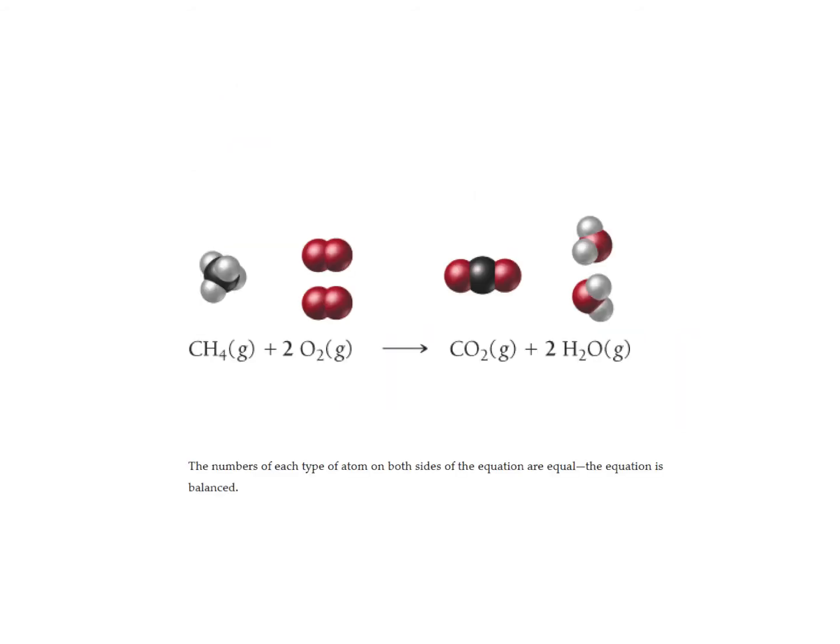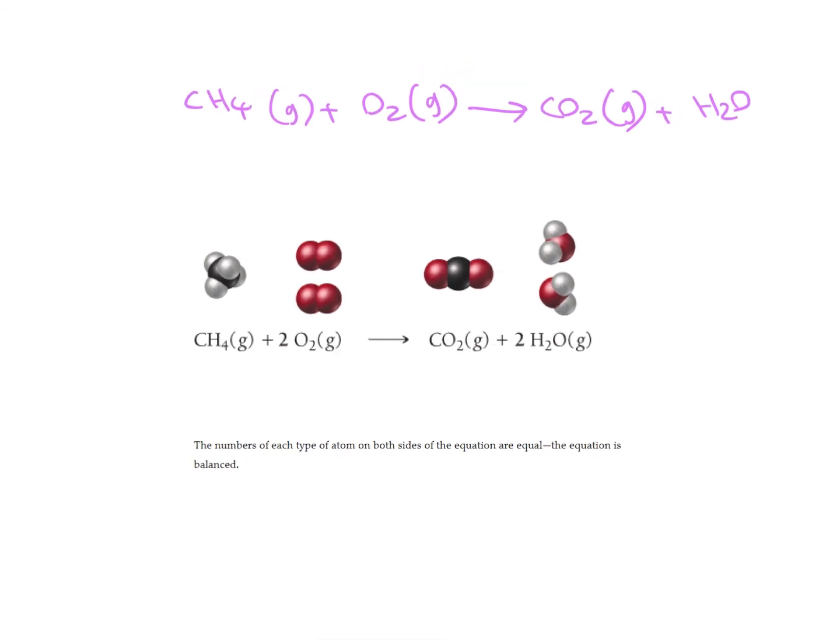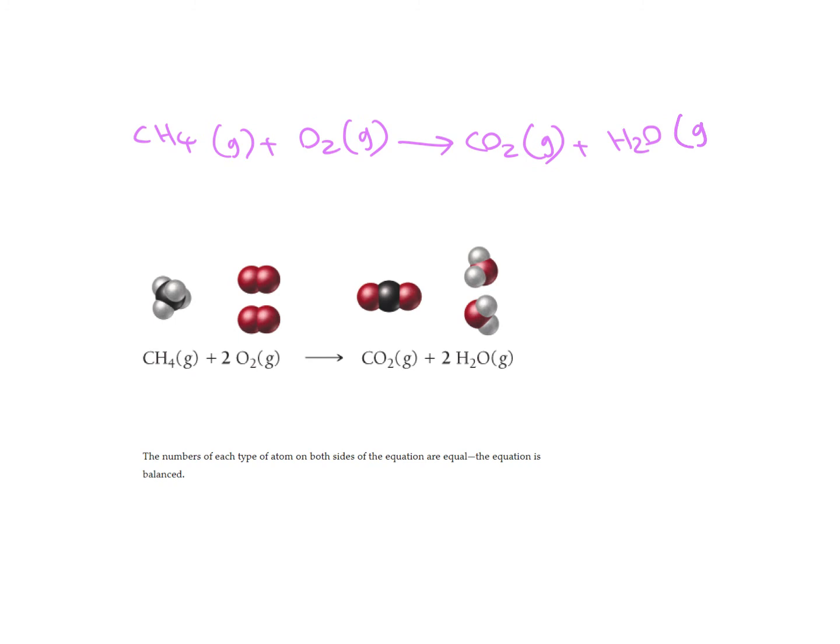So what we do, if I just write CH4 plus, and I write the state too so I don't confuse you, plus O2 gas, it produces CO2 gas plus H2O gas. And I tell you, balance the following reaction. It means the number of atoms on the left side for a specific element should equal the number of atoms of that specific element on the right.